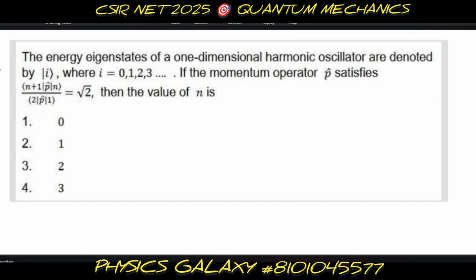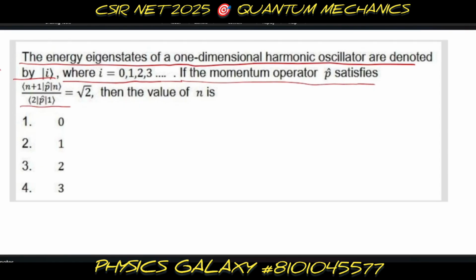Next question is, the energy eigenstates of a one-dimensional harmonic oscillator are denoted by |n>, where n equals 0, 1, 2, 3, and so on and so forth. If the momentum operator P satisfies this given condition, then the value of n is?